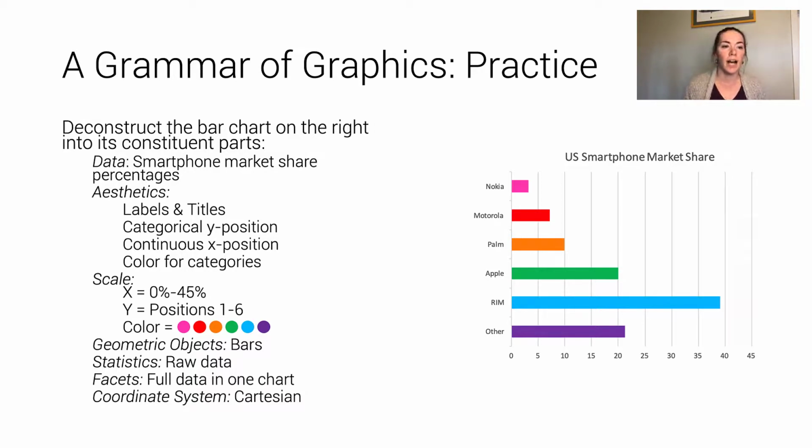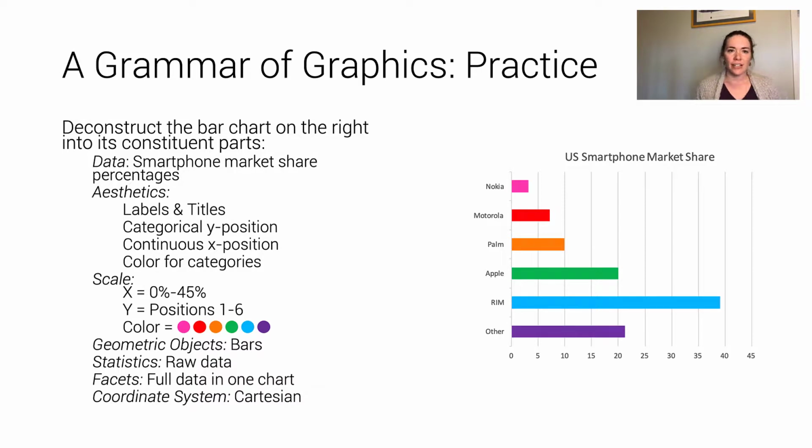The geometric objects we have are bars. The statistics that is computed is just providing the raw percentages, the raw data. We don't really have any facets here. We're showing all of the data we have on one chart, and we're doing so with a Cartesian coordinate system. Everything is a pretty linear layout.